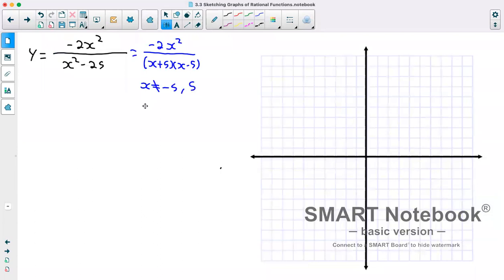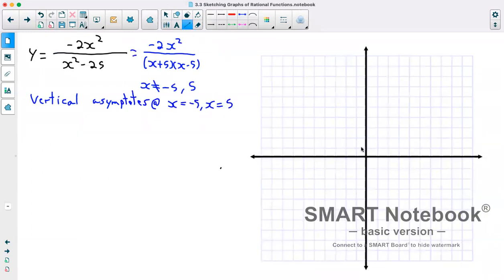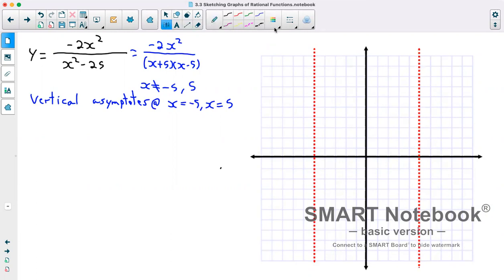So that will be our vertical asymptotes. So we might as well draw those in now. And I will label them.